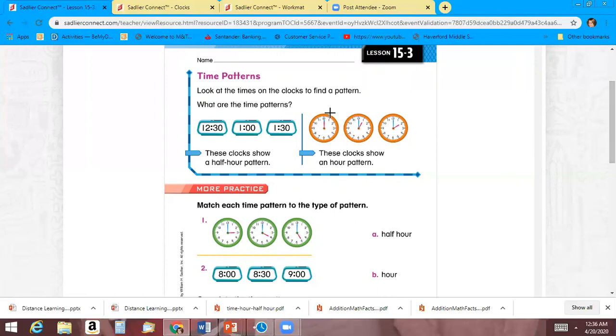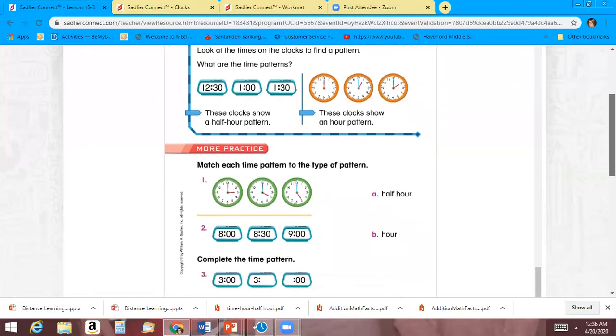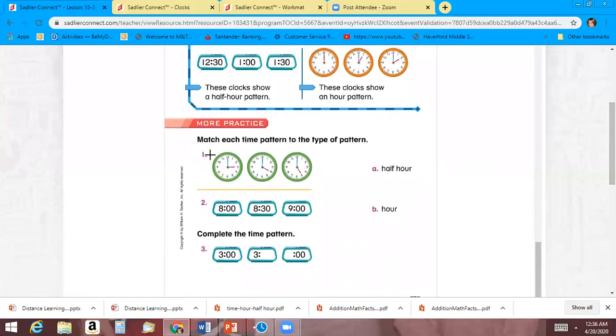So I want you to take what we just talked about and see if you can complete these next 2 pages. Taking a look at numbers 1, 2, and 3, which time pattern matches these 2 clocks? Your analog clock, is it showing a half-hour time pattern or an hour time pattern?